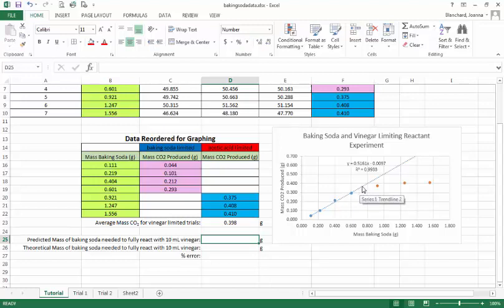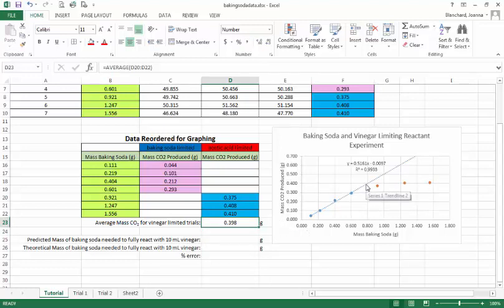Now, at some point, probably someplace right around here, the mass of carbon dioxide produced levels out. And what we want to find out is, what is the value of the mass of baking soda when the mass of carbon dioxide produced is right around here, around 0.4 grams, or actually our average value of 0.398 grams.